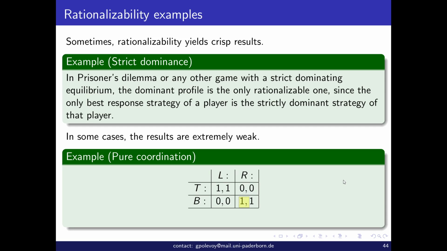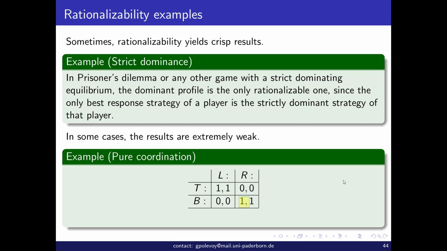Simply look at the Zj's to be their support. Since any action in the support of a mixed Nash equilibrium is, by a lemma we proved once, a best response to all the others, the second definition is fulfilled. So any strategy in the support is a best response to all the other strategies in the others' Zj's, and therefore the second definition is fulfilled, and Sj is rationalizable.